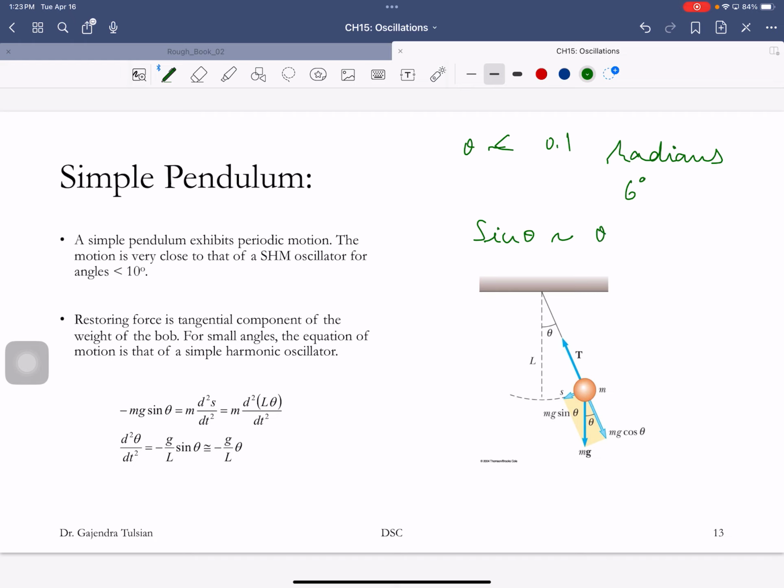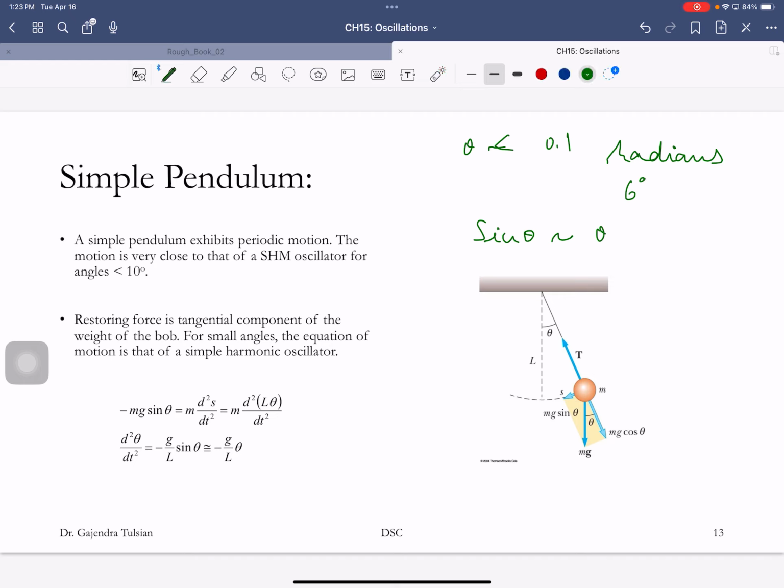You can check this in your calculators. Put your calculator in radian mode and do sine theta, and for angles less than 0.1 radians, sine theta will be almost equal to theta. So this will be mg theta.